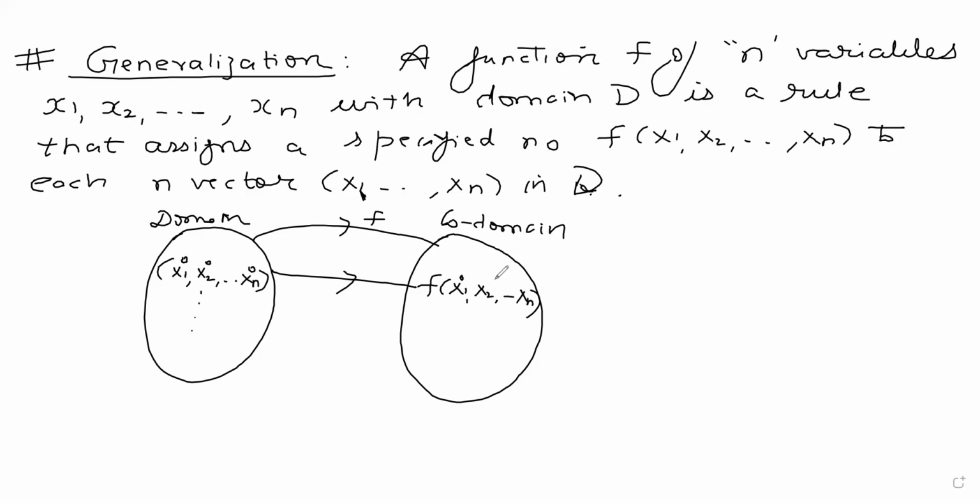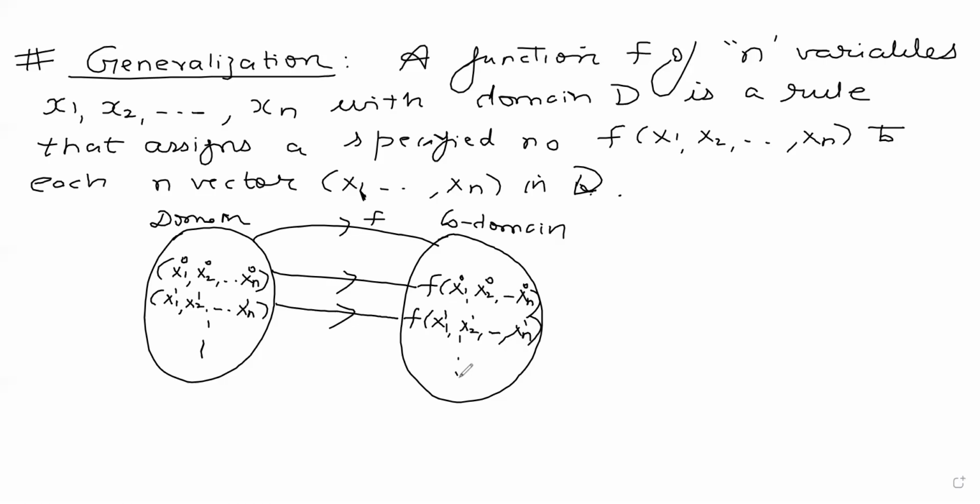Similarly, this is going to be x1 zero, x2 zero, xn zero. These are going to be one set of values. I can draw another set of values x1, x2, dot dot xn with superscript 1 will be mapped onto f of x1, x2, dot dot xn with superscript 1 and so on.